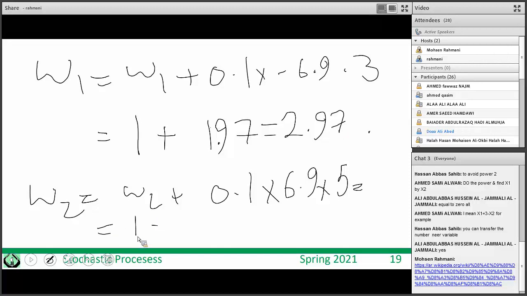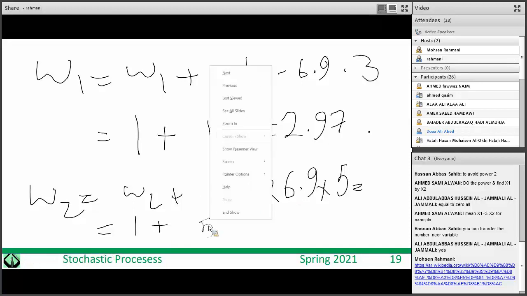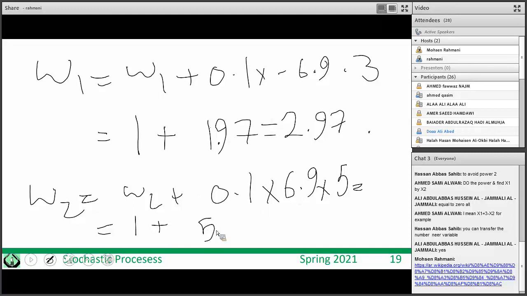What was this? It was 2.97. And here this is 5 is 69.